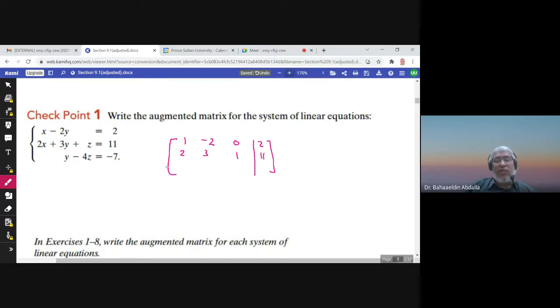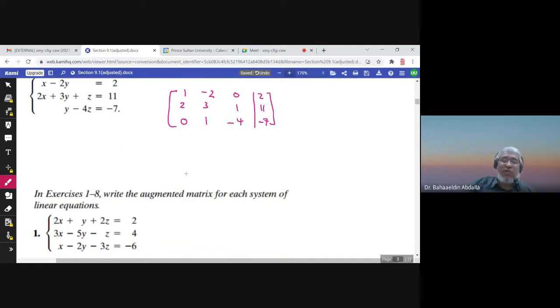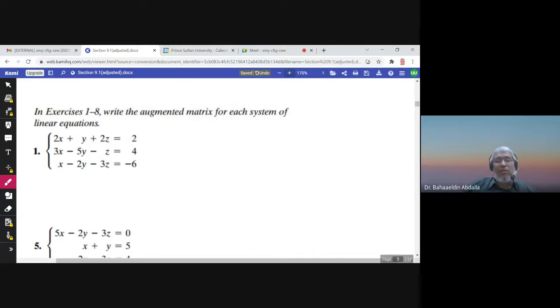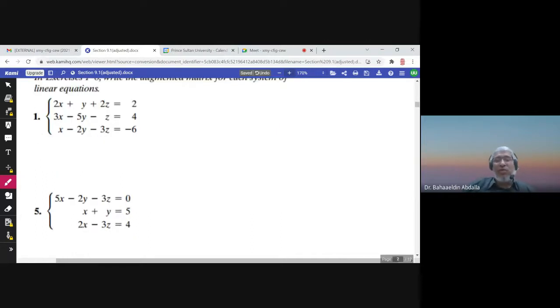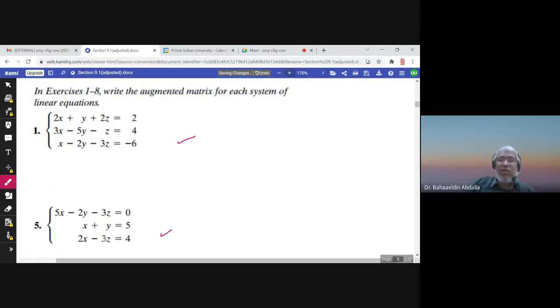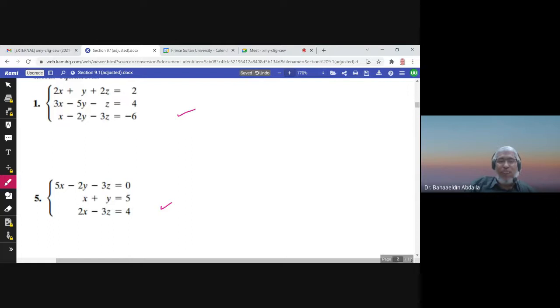The last equation, coefficient of x is 0, coefficient of y is 1, negative 4, and the constant is negative 7. This is the augmented matrix for the system. Please do the same. Write the augmented matrix here and write the augmented matrix here. Check your information.